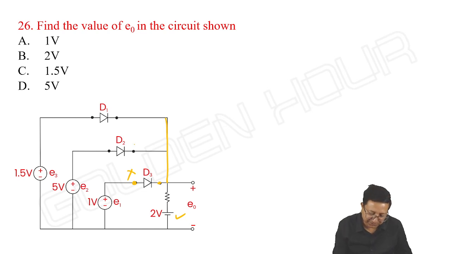What about D2? Its anode is connected to 5 and its cathode is connected to 2 volts. It looks like D2 is also off. And D3, sorry, D1. Its anode is at 1.5 volts and cathode is going towards 2 volts. Sorry, D3 is also off. Then D2 is on.